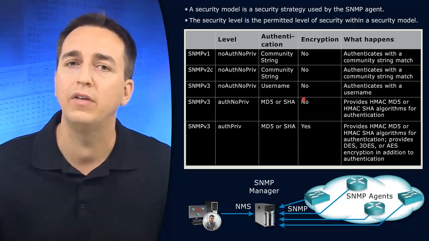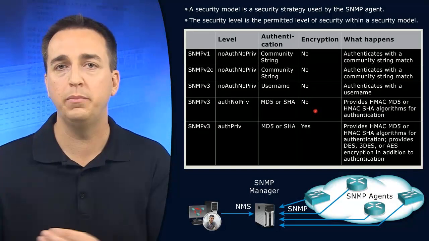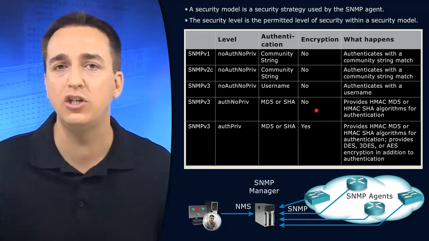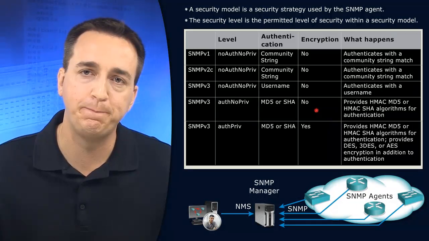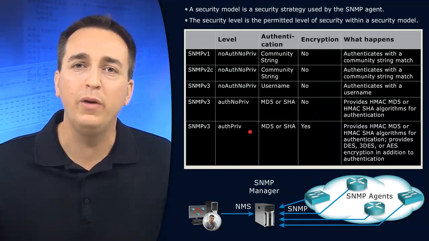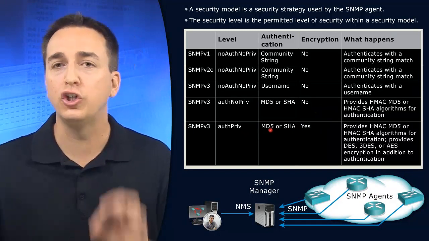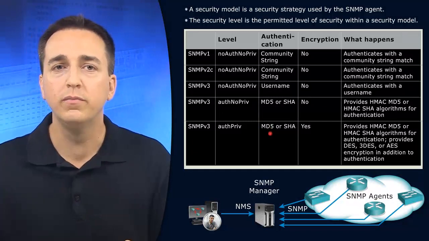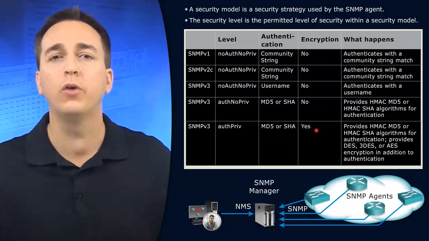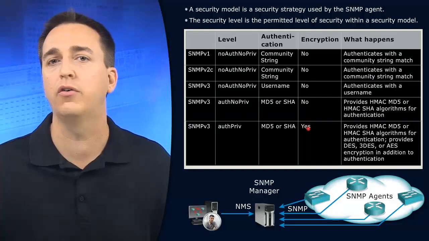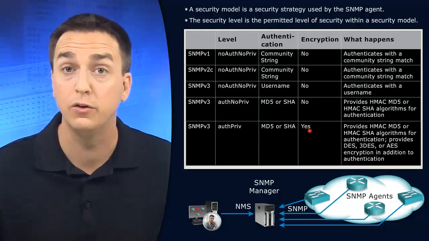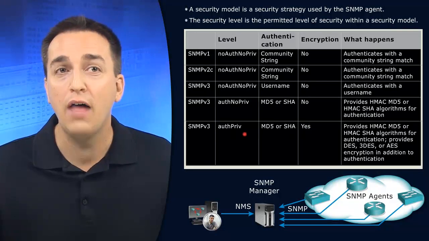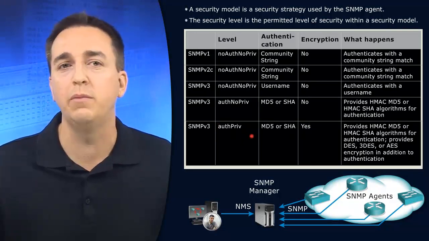However, we still don't have encryption for the data that's going to be passed back and forth between the SNMP agent and the SNMP manager. So if we want complete security, we're going to use authentication with MD5 or SHA, and we're going to implement encryption using encryption algorithms such as DES, triple DES, or AES. And in order to accomplish that, we're going to need SNMP version 3 with the auth priv security model in place.